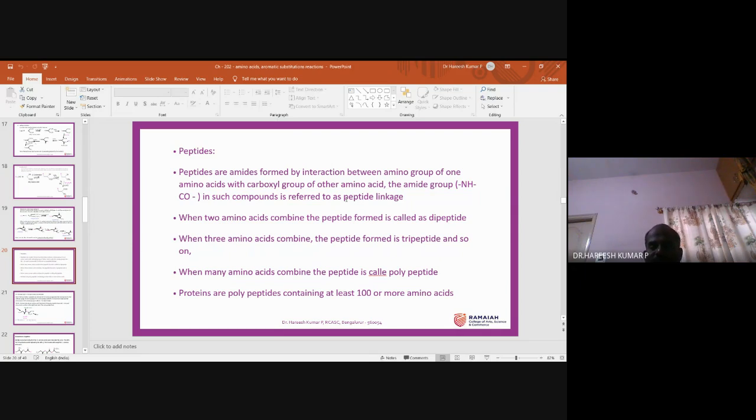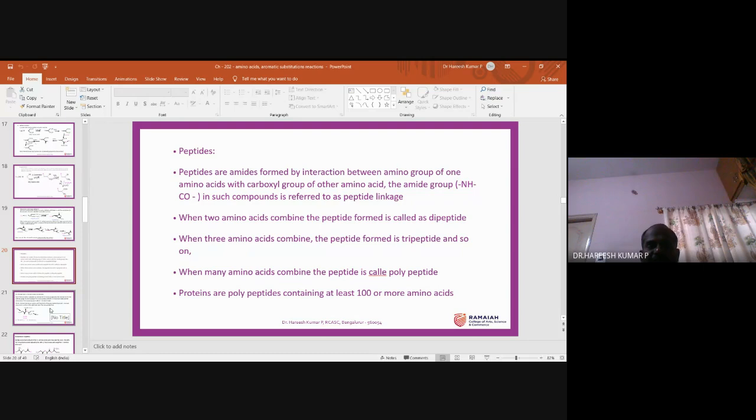If you want to say about protein, protein is a polypeptide containing more than 100 amino acid units and having a three-dimensional structure. So now we will discuss more about the peptide only. With this, I will go to the next slide.